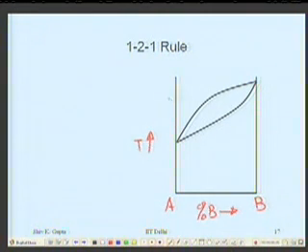So draw a constant temperature line here. Along this line, I have phases arranged 1, 2, 1, 2, 1, 2 like that. That's the 1-to-1 rule. That means every two-phase region on either side has a single phase region. And those two single phases are those which are present in that two-phase region.